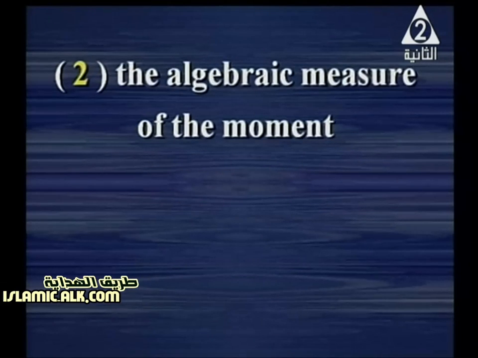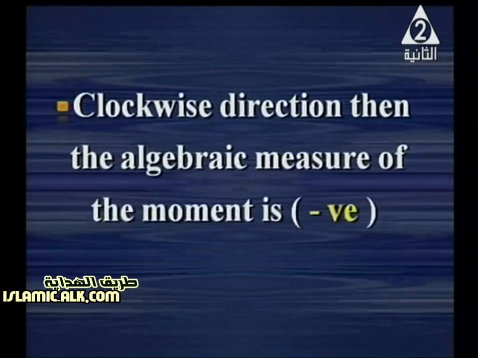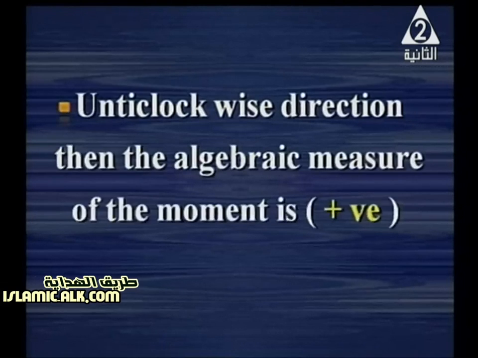Now we translate to another title: the algebraic measure of the moment. If the force F makes a rotation about O, what is O? Center of moment. In clockwise direction, the algebraic measure of the moment is negative; in anti-clockwise direction, the algebraic measure of the moment is positive.